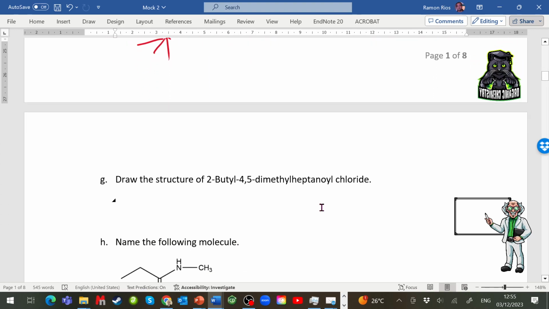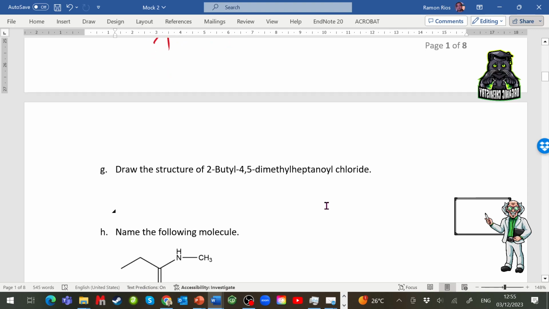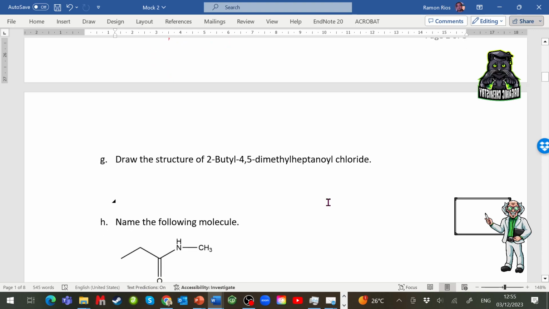Next one, derive the structure of 2-butyl 4,5-dimethyl heptanoyl chloride. Okay, oyl chloride means that it's an acid chloride. Hept, that is 7 carbons. 1, 2, 3, 4, 5, 6, 7. Okay. I put here the acid chloride.